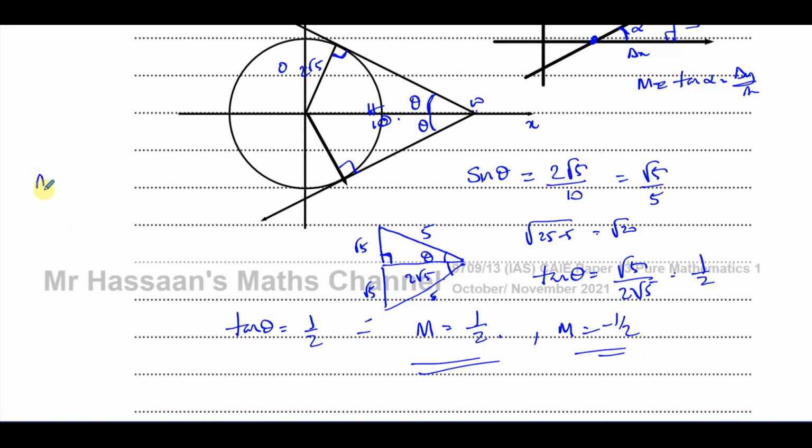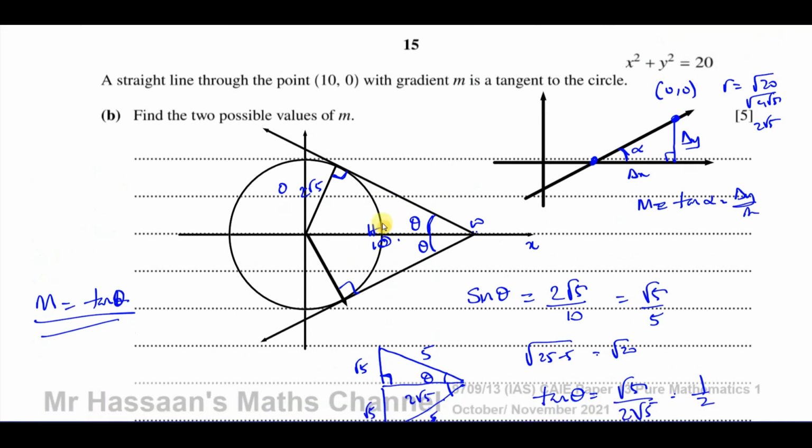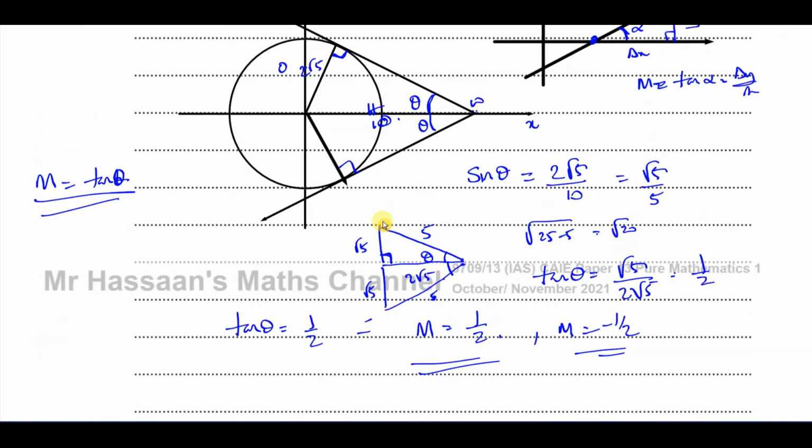We know that the gradient is equal to the tangent of the angle. So that's a bit of a shorter way of doing it, a visual type of way, and that works fine.